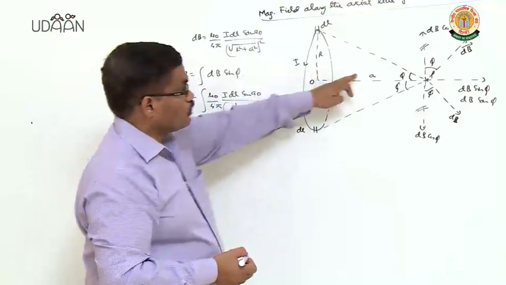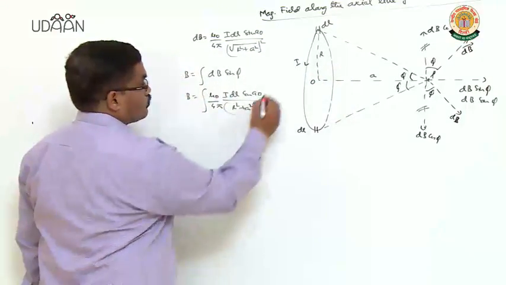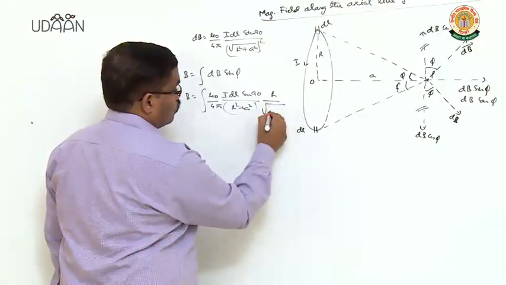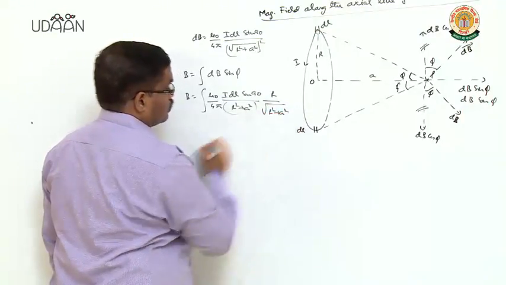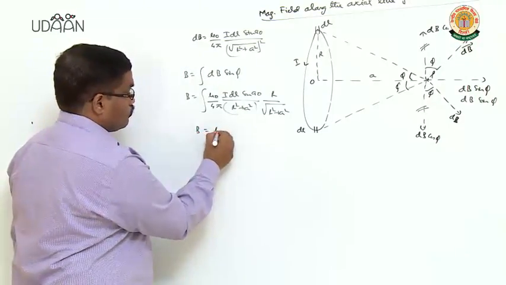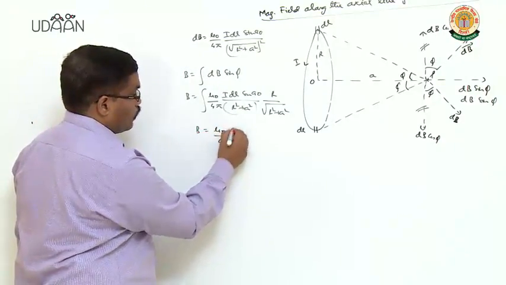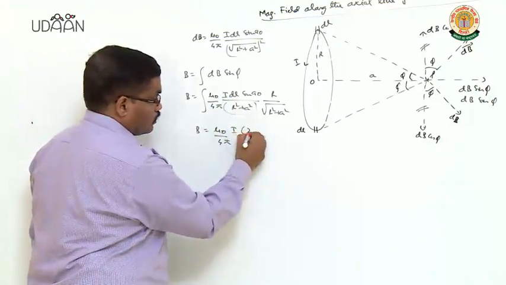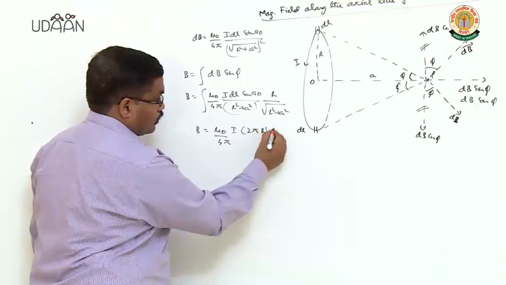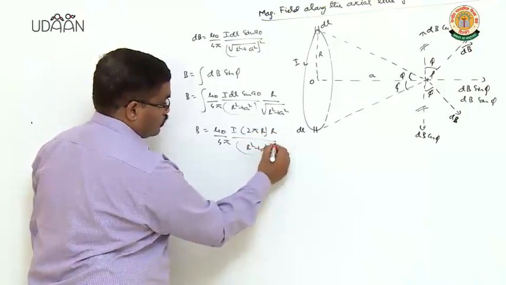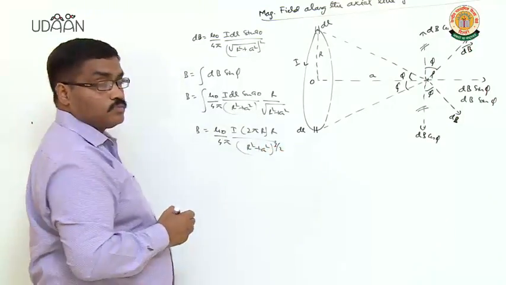Now from the figure, sin phi is r divided by root of r square plus a square. So B will be equal to mu naught upon 4 pi I into, if I integrate dl, I will get 2 pi r, into r divided by r square plus a square raised to power 3 by 2.